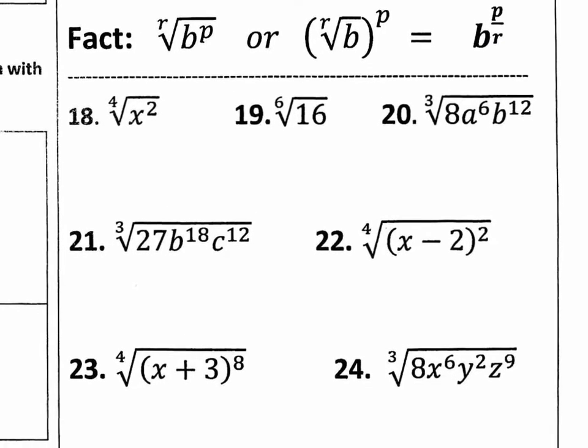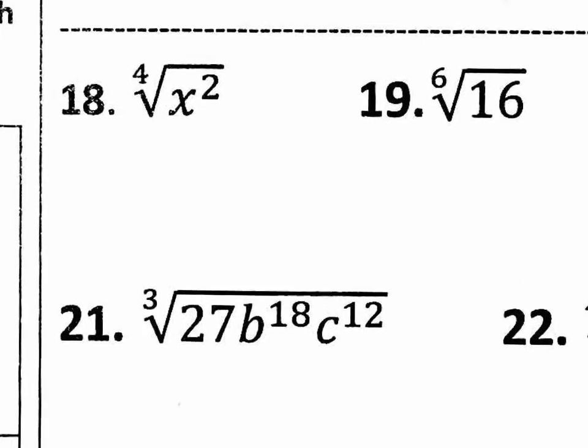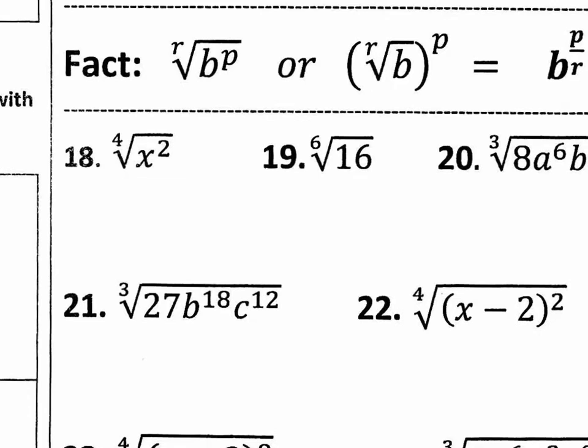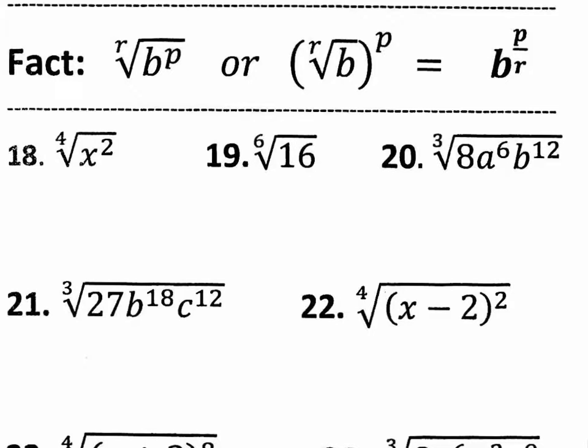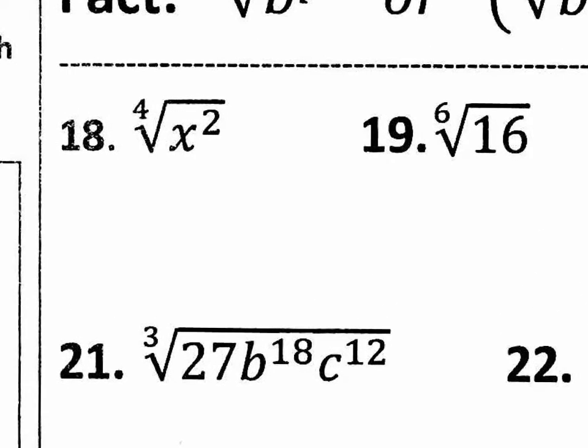So jumping over here, number 18, you need to rewrite it as a rational exponent. Now remember, it doesn't matter what root you have, that's going to end up being the denominator of your rational exponent. The power, whether it's on the inside or the outside, it's going to end up being the numerator on your rational exponent. Okay? So going back to number 18, rewrite that as a rational exponent. What's it going to be?